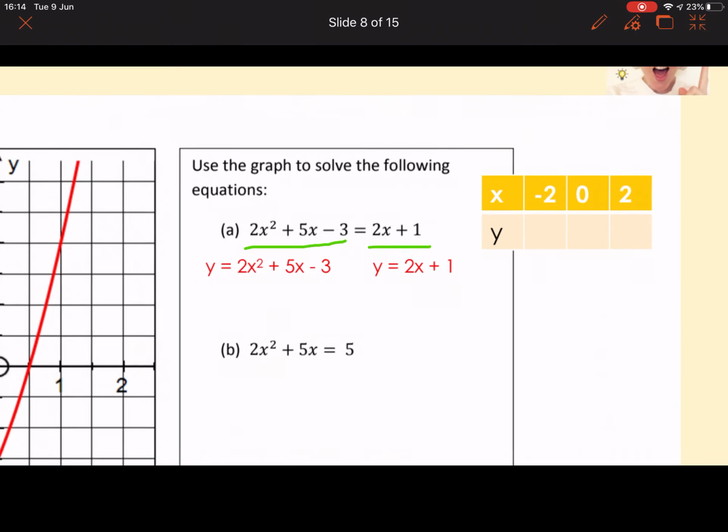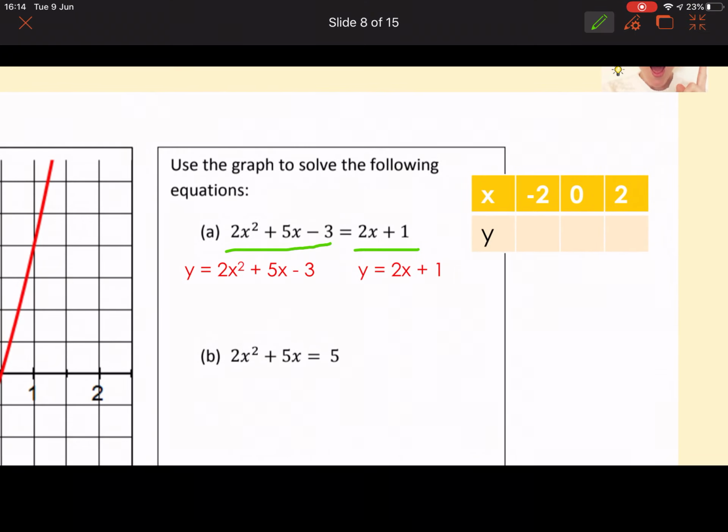So if we fill in these coordinates together, we're just doing the 2x plus 1. So 2 lots of minus 2 is minus 4, plus 1 is minus 3. If y equals 2x plus 1 and x is 0, 2 lots of 0 is 0, plus 1 is 1. 2 lots of 2 is 4, plus 1 is 5.